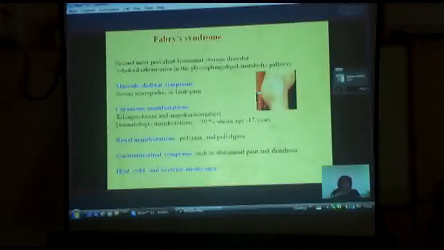Dermatologic manifestations are seen in more than 70% of patients at the mean age of 17 years. They can present with renal manifestations such as polyuria or polydipsia, or with gastrointestinal symptoms. They are intolerant to heat, cold, and exercise.